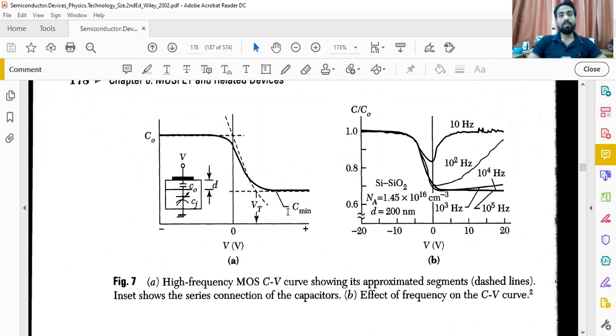How is this connected? It means some sort of circuit variation should be there. So how is it possible? You can say the frequency is tuning a circuit. And how is it tuning the circuit? It is changing the value of the LCR components: L inductance, R resistance, C capacitance.